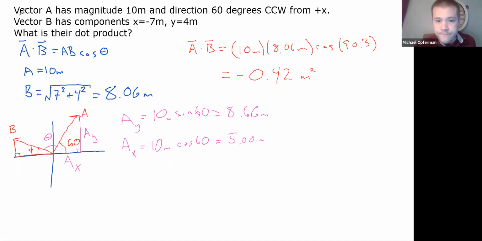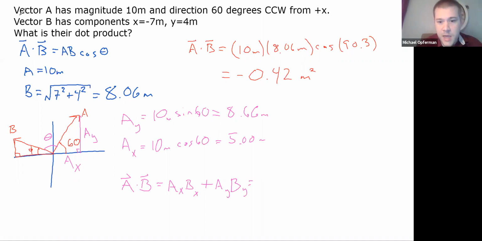All right. So now I've got all the components. Now I can use the formula here. So we're going to have, in this case, A dot B is AX BX plus AY BY.